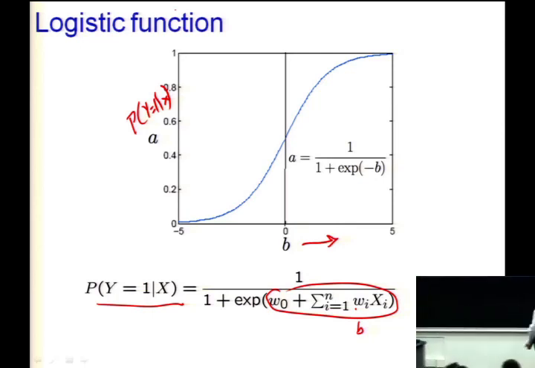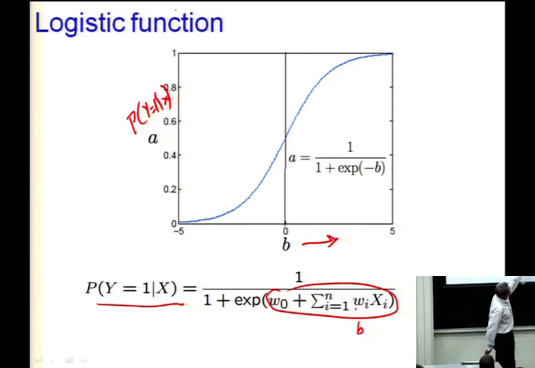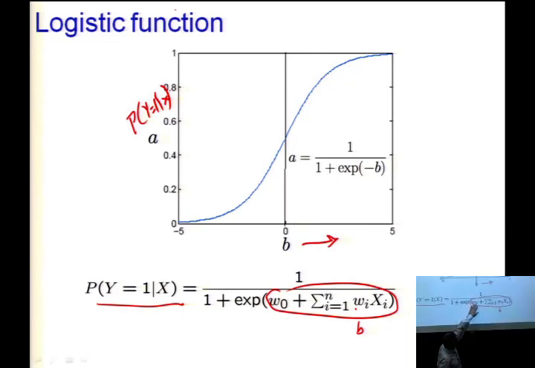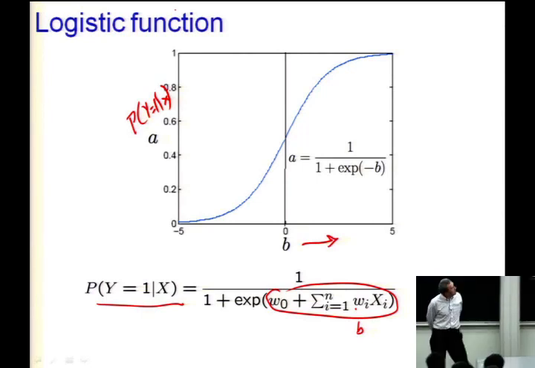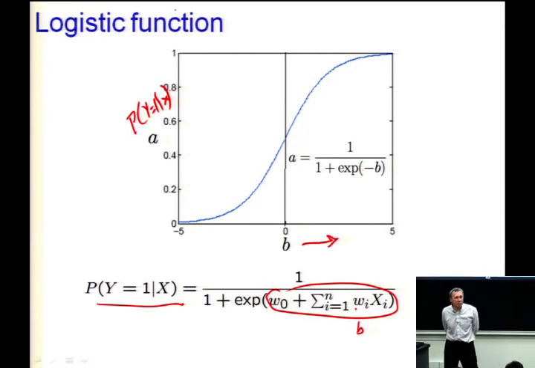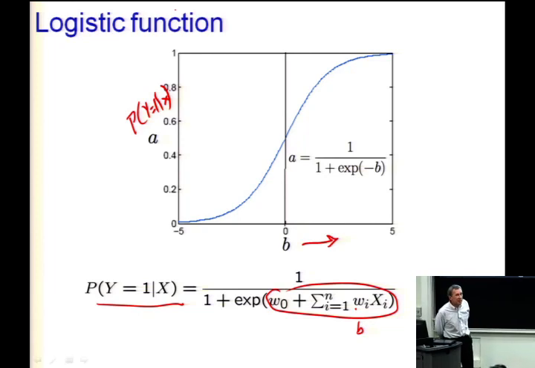So as this quantity becomes increasingly negative, notice minus b is what I'm plotting there, then as it becomes increasingly extreme, my probability goes closer and closer to 0 or 1. If this quantity itself is 0, then p of y given x is 0.5.